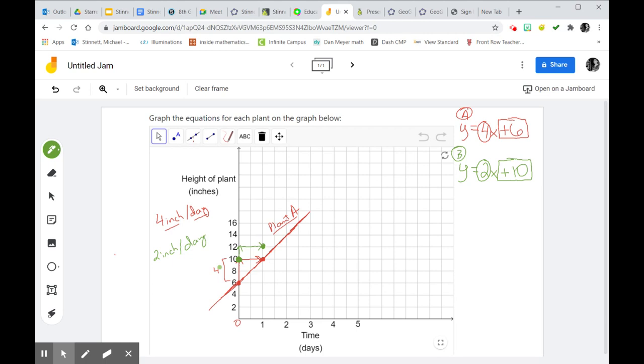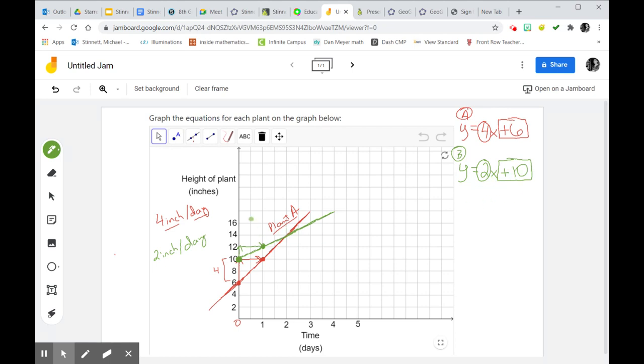Now I'm going to try to freehand this and draw my line here. There's my line for my other equation. This is the line for y equals 2x plus 10.